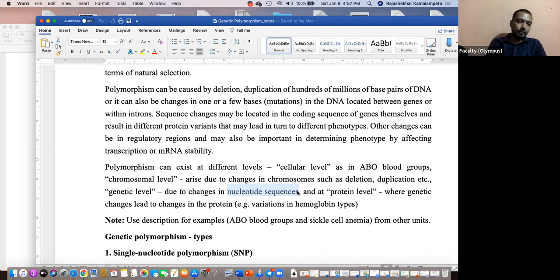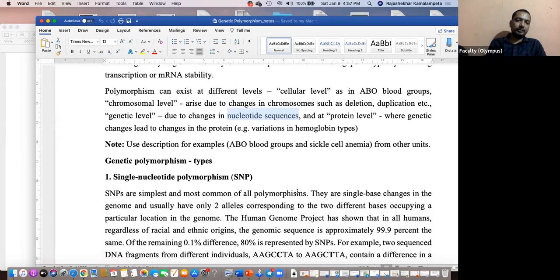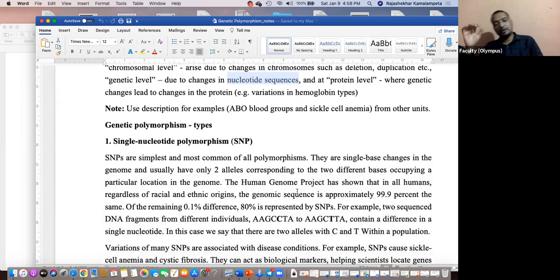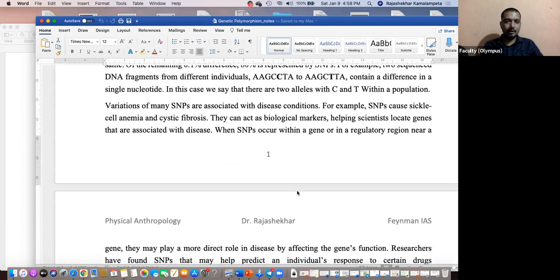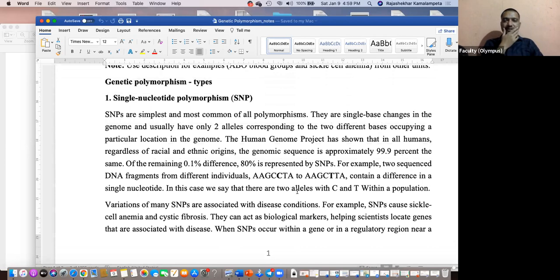Okay, let's now look into genetic polymorphism types. I'm going to talk to you briefly about the different types of genetic polymorphism. Single nucleotide polymorphism. It's one type of genetic polymorphism, the most common form of genetic polymorphism.